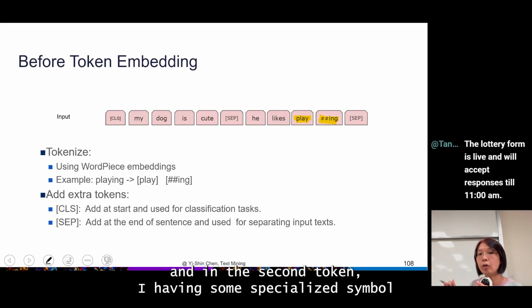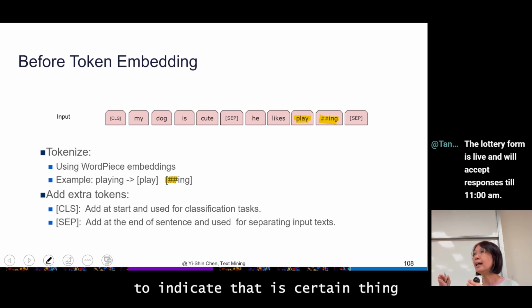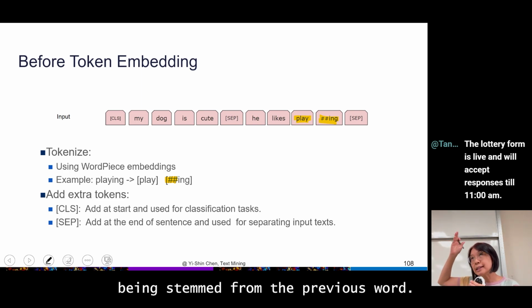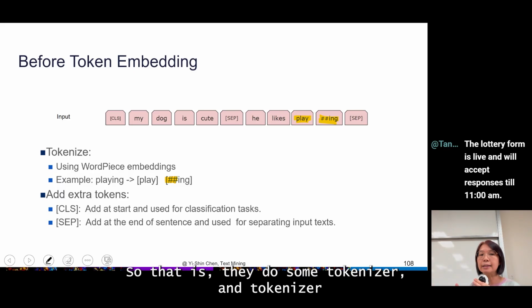In the second token, I have some specialized symbol to indicate that it was stemmed from the previous word, so you can also know the relation from it to the other. So that is the tokenizer they do.